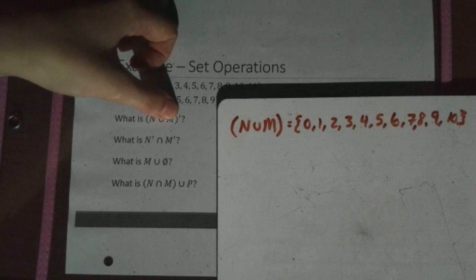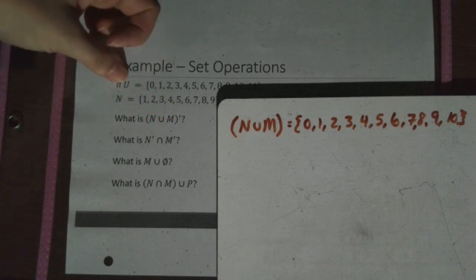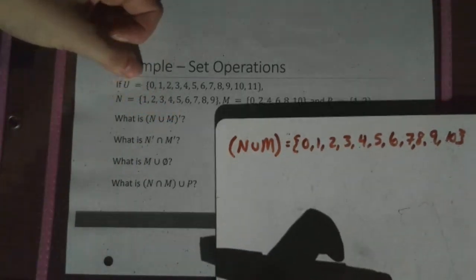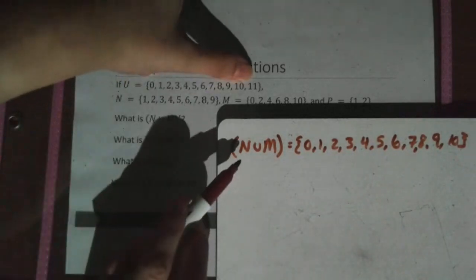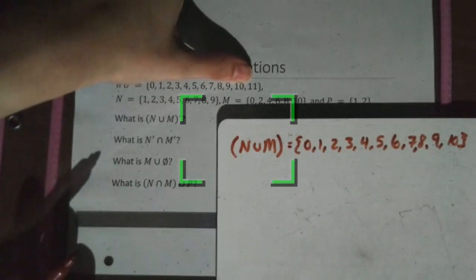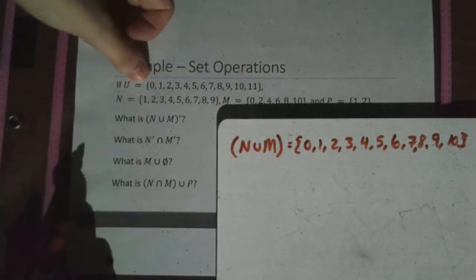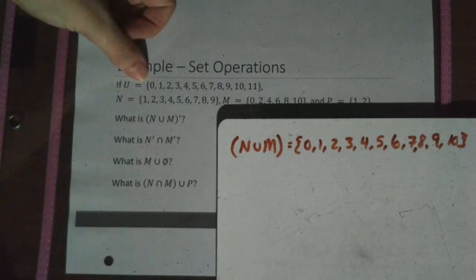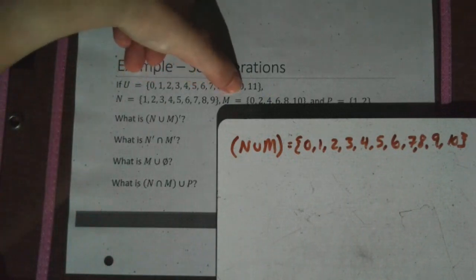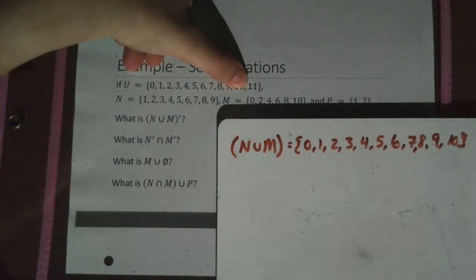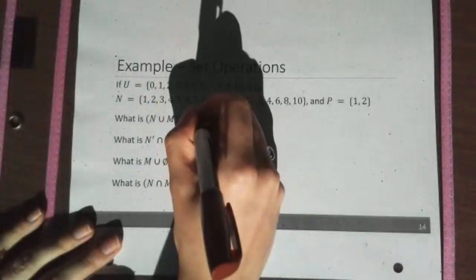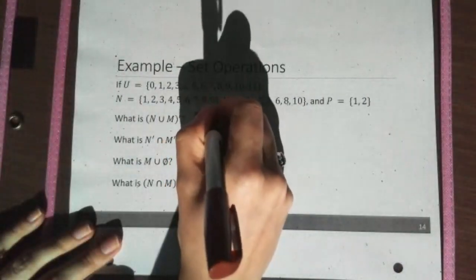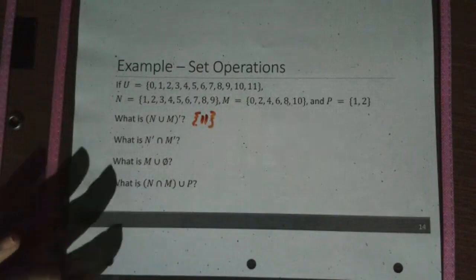Now remember, the complement is everything in your universal set, which in this case are the integers between and including 0 and 11, but not in the set that you're taking the complement of. So if I go down the list and cross out what is in N union M, I'd cross out 0, 1, 2, 3, 4, 5, 6, 7, 8, 9, 10. That leaves only 11. So N union M complement is going to be the single element 11.